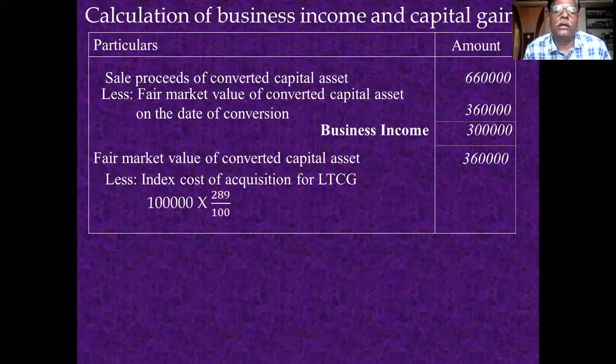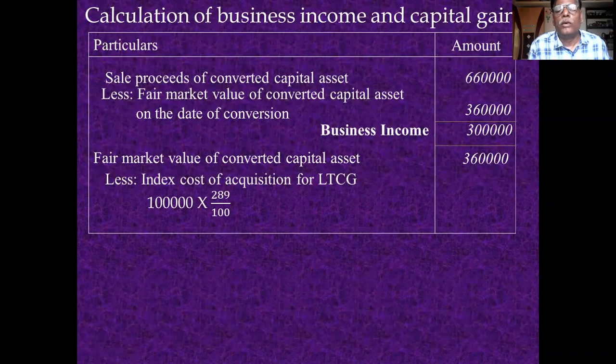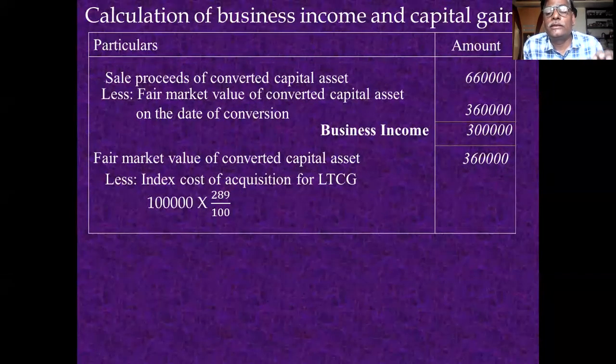1 lakh rupees into 289. 289 is the present index, which is given in the problem. You multiply by the present index and divide by the index of the year of acquisition. The year of acquisition index is 100, in 2001-02 the index is 100. That is called the index cost of acquisition.